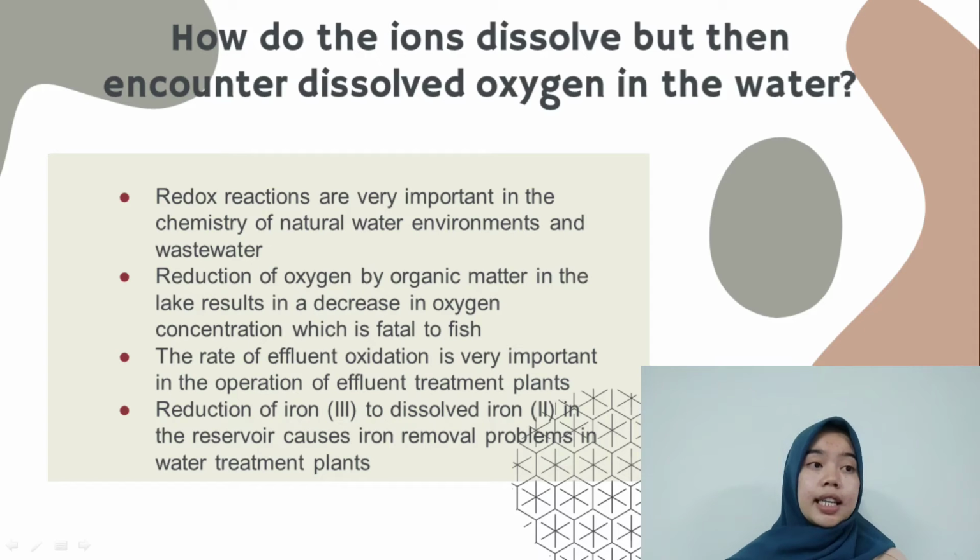The third, the rate of effluent oxidation is very important in the operation of an effluent treatment plant. And last, reduction of iron 3 to dissolved iron in the reservoir causes iron removal problems in water treatment plants.